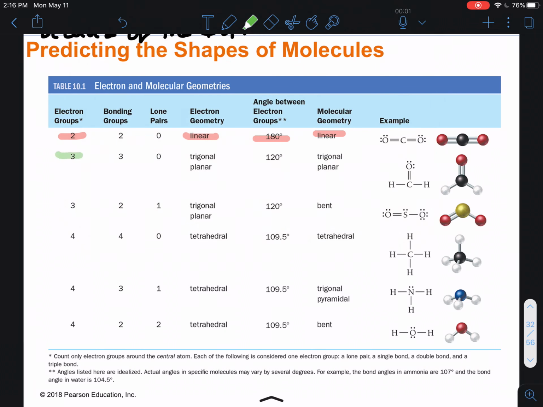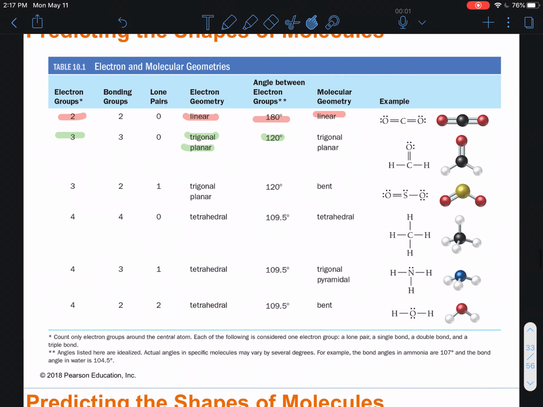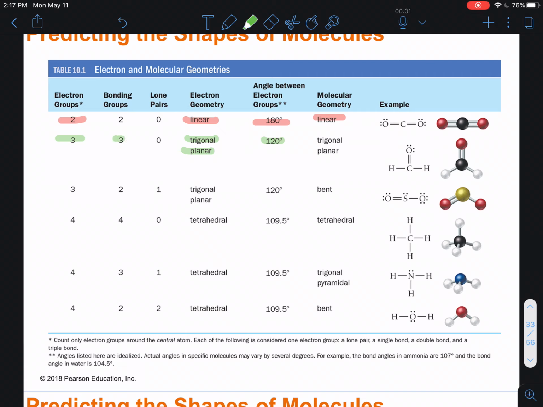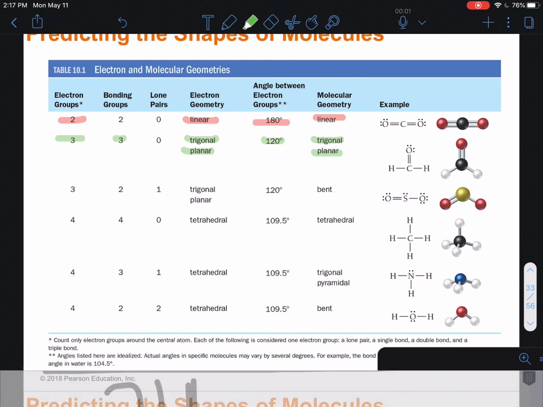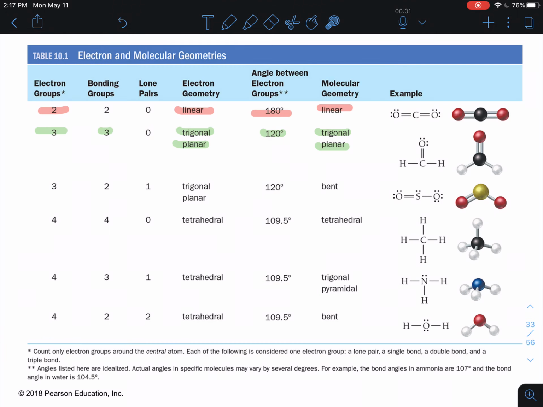If we have 3 electron groups, okay, that's trigonal planar. Bond angles at 120. If all 3 of those electron groups are bonds, then the molecular geometry is going to be trigonal planar as well. And this is the example right here.